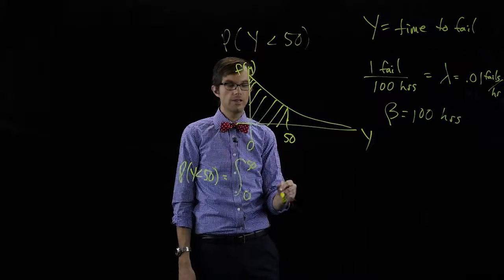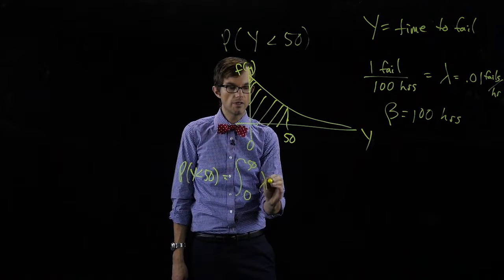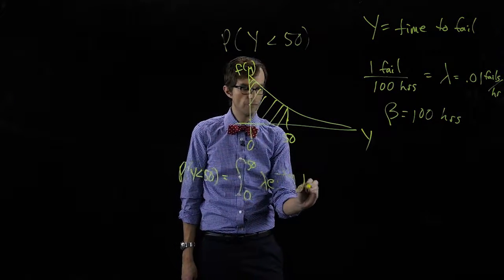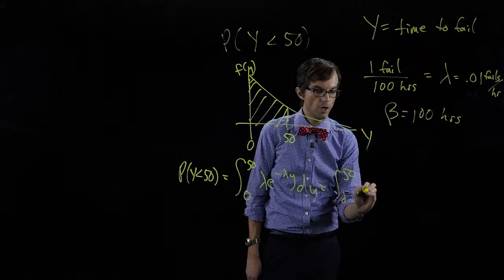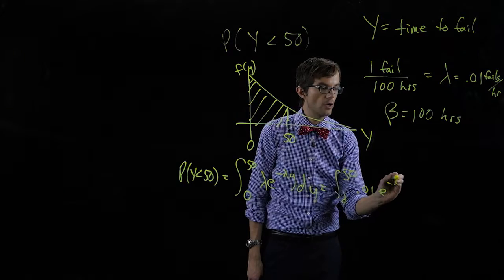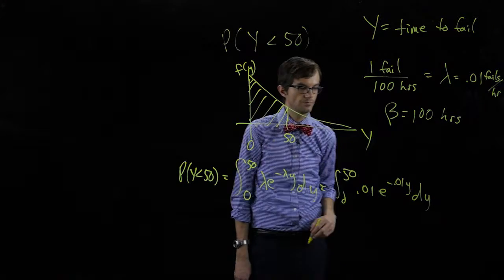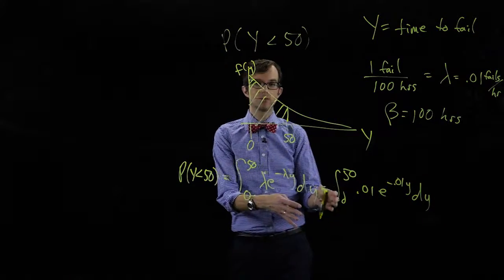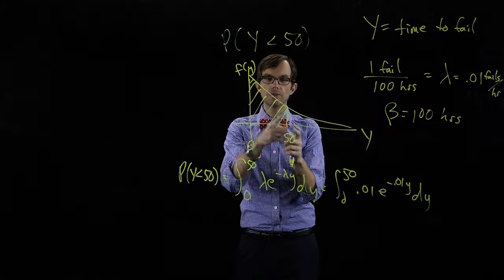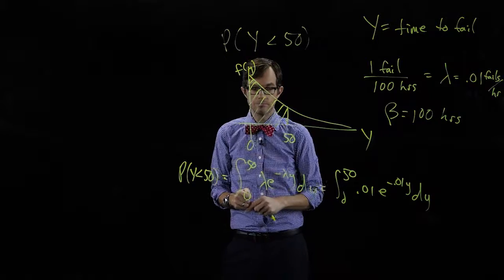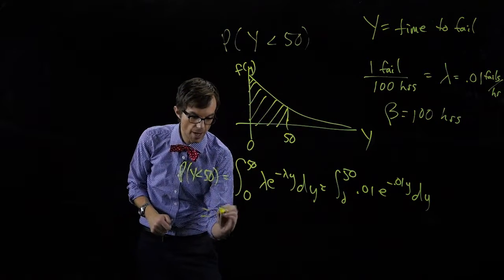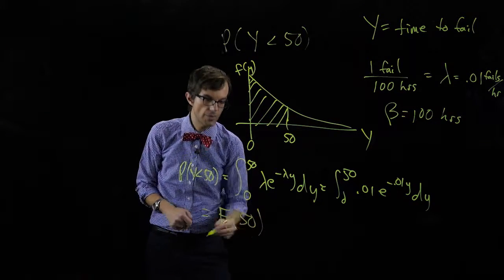F of y is lambda e to the minus lambda y. That is 0.01 e to the minus 0.01 times y dy. This is also equal to the cumulative distribution evaluated at 50. So this is equal to capital F of 50.